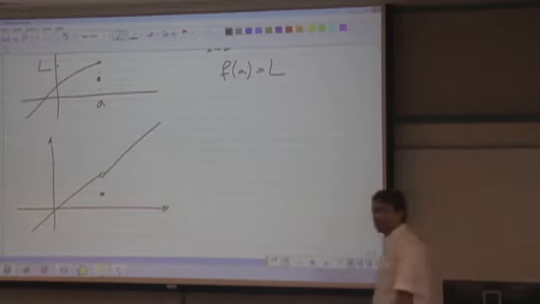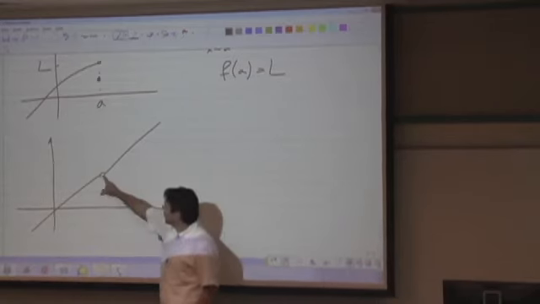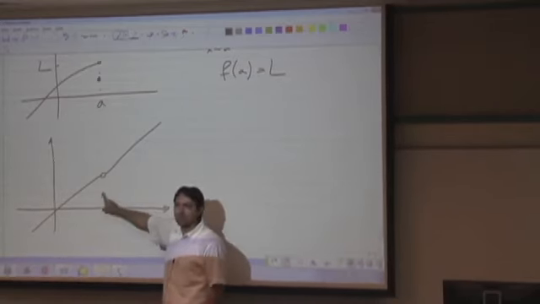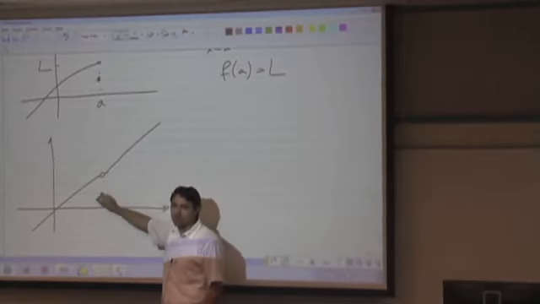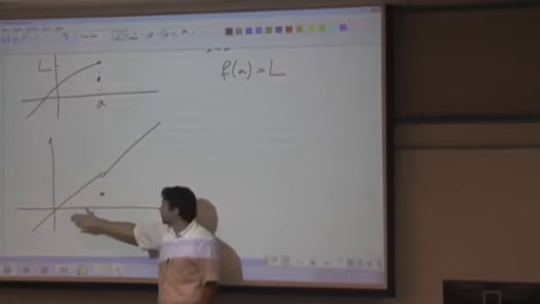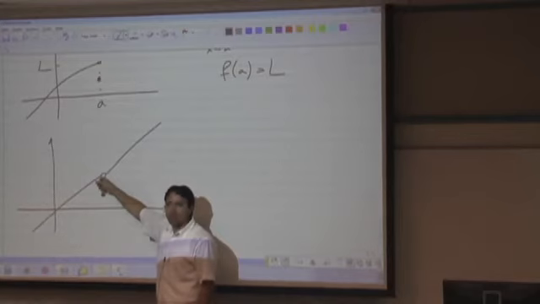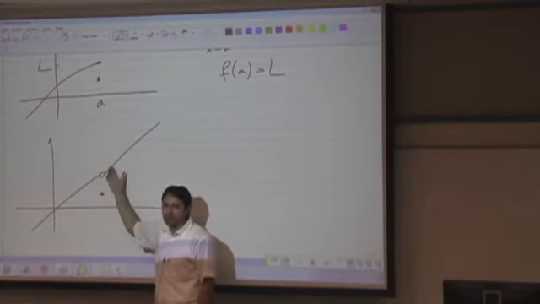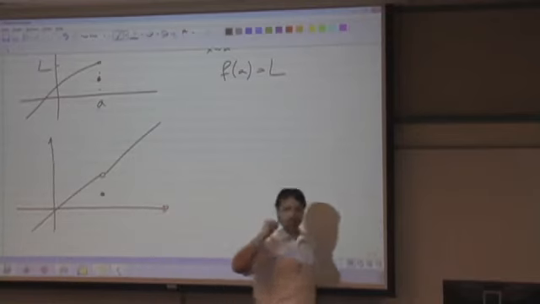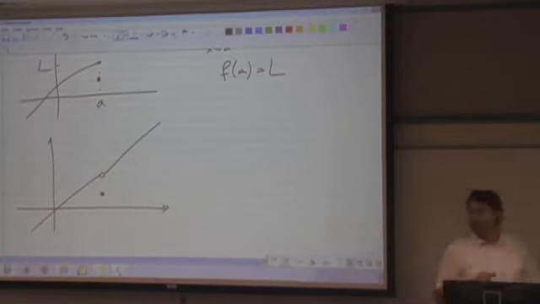Is that making sense? The limit is over here, but the value of the function is over here. They're not equal to each other. Hence, as you draw it, you basically have a discontinuity, right? You have to lift your pen to continue drawing it. Does that make sense?